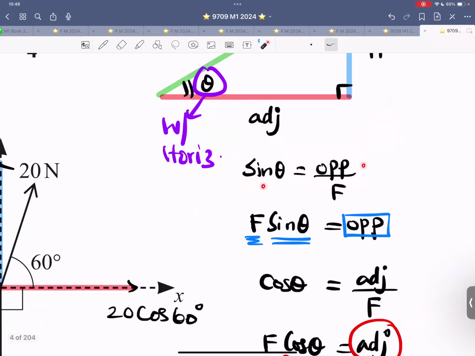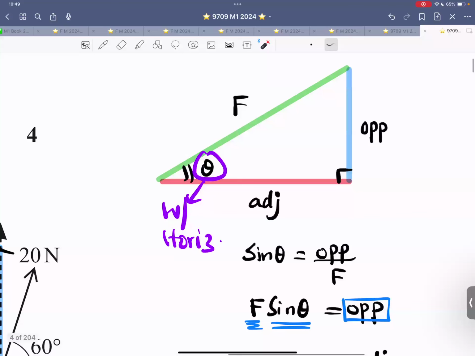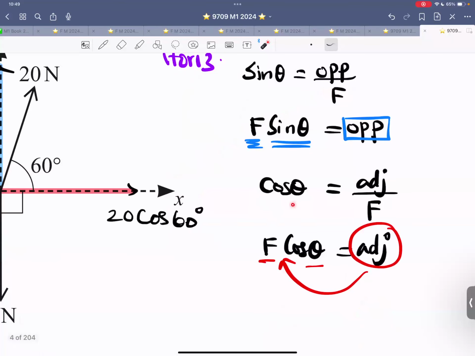So sine theta is opposite over F. Therefore, opposite is hypotenuse times sine of the angle with the horizontal. Similarly, if I'm interested in the adjacent, so cosine of theta is adjacent over hypotenuse. Hypotenuse times cosine of theta is the adjacent.